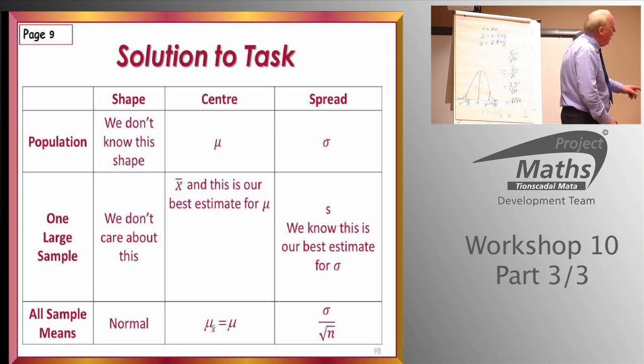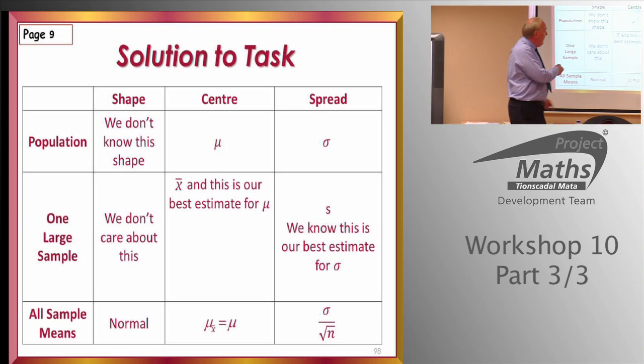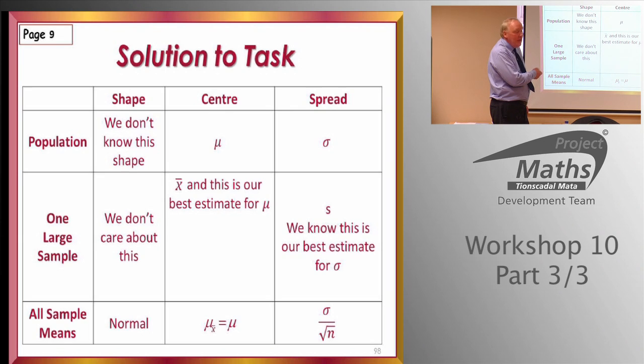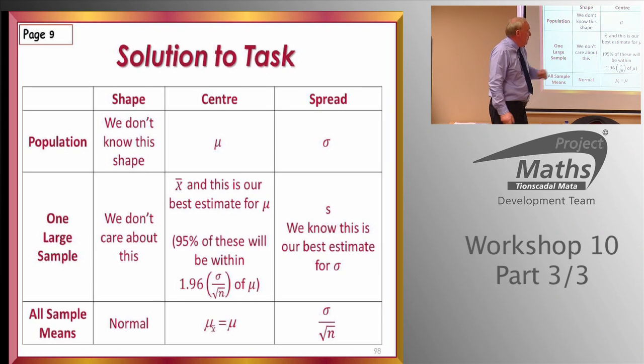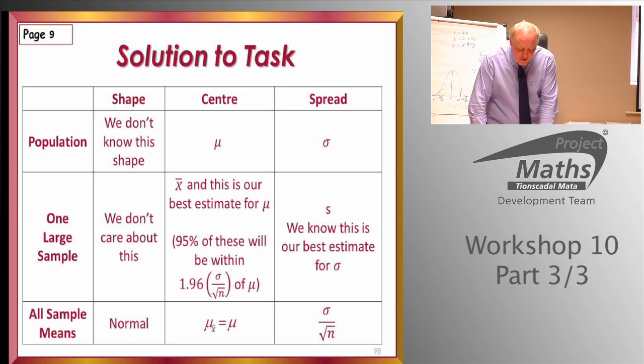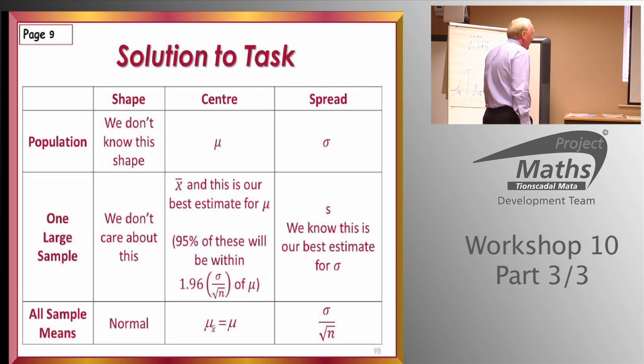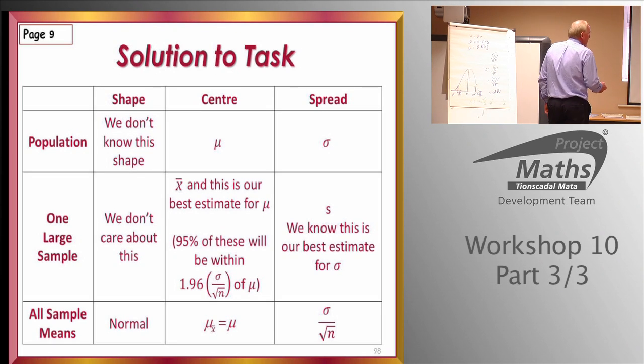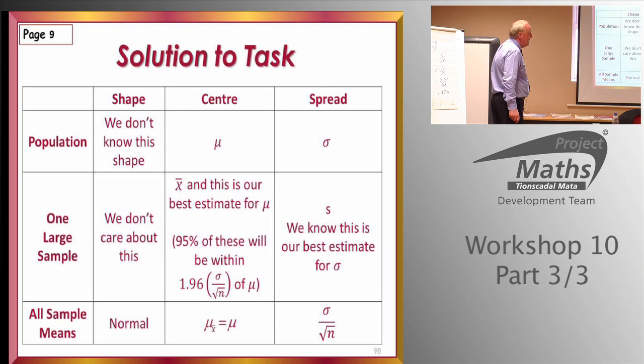And because that's normal, and this is one of them, I know that 95% of these will be within 1.96 standard deviations of mu. That's the link there. 95% of them will be within 1.96 standard deviations of mu, or standard errors.